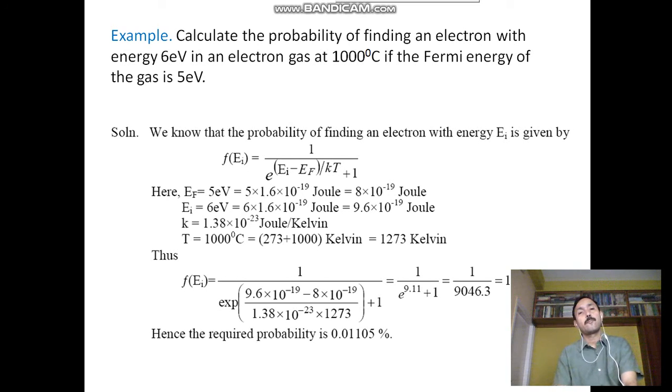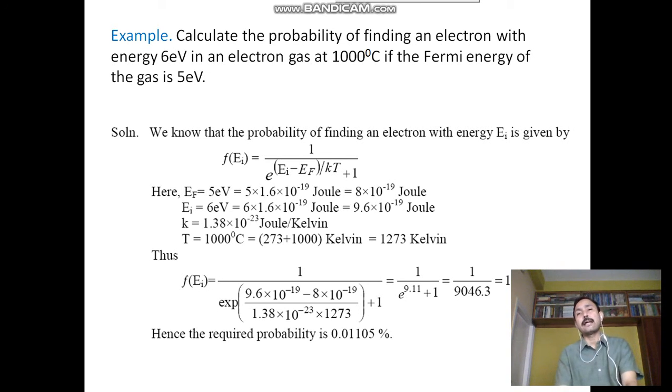Next problem is, calculate the probability of finding an electron with energy 6 electron volt in an electron gas at 1000 degrees centigrade, if the Fermi energy of the gas is 5 electron volt.